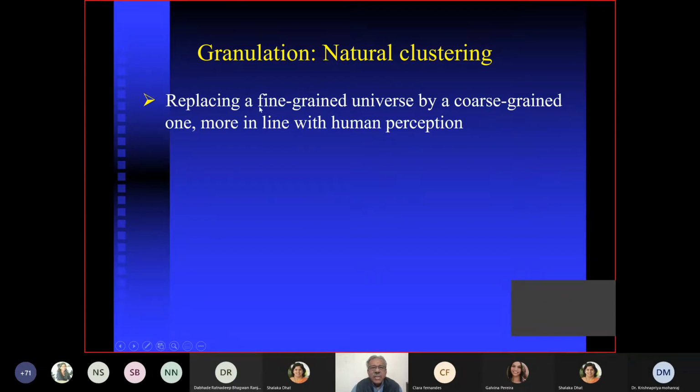Basically it replaces a fine-grained universe by a coarse-grained one, more in line with human perception. For example, when you look at a scene, as I mentioned in the previous session, your eye goes to some region of sky, some grass region, vegetation, some water body, some habitation, and so on. So you replace a fine-grained universe by a coarse-grained one, like human perception.